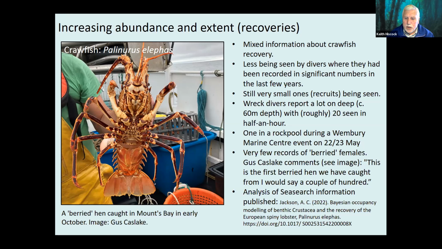If you're into modeling and formulae and you like that sort of thing, then do use that DOI to access Angus's paper. So a continuing saga, and one which still needs to keep on being interpreted. We're still seeing babies, they're still recruiting, so do send in your records.